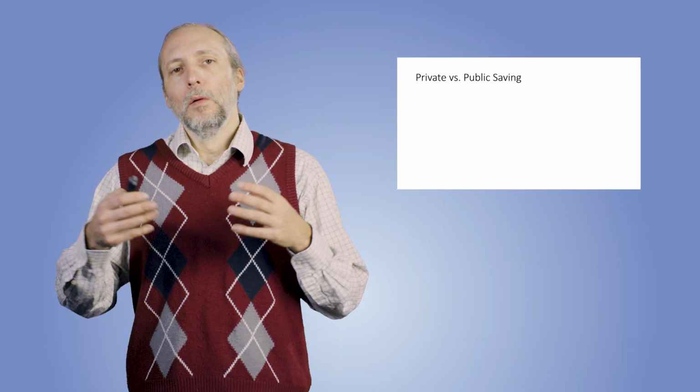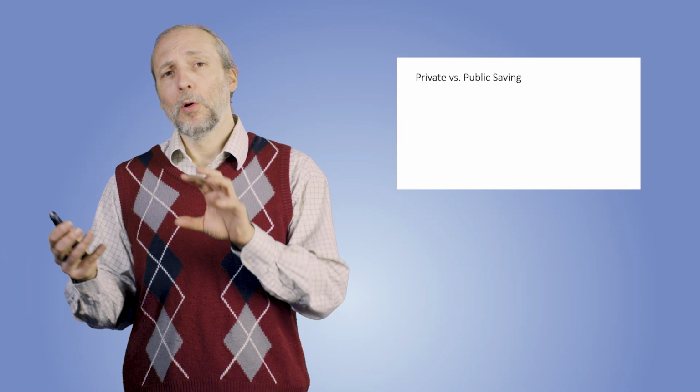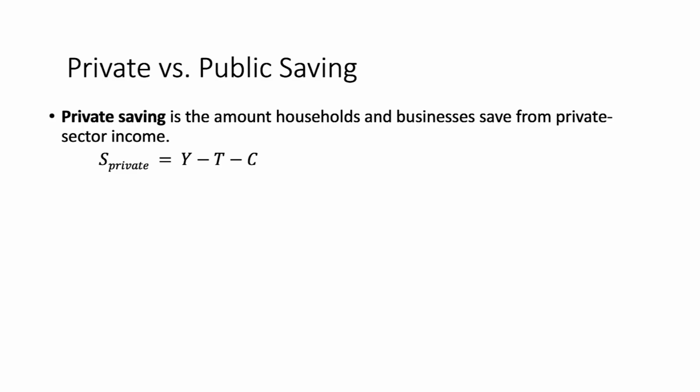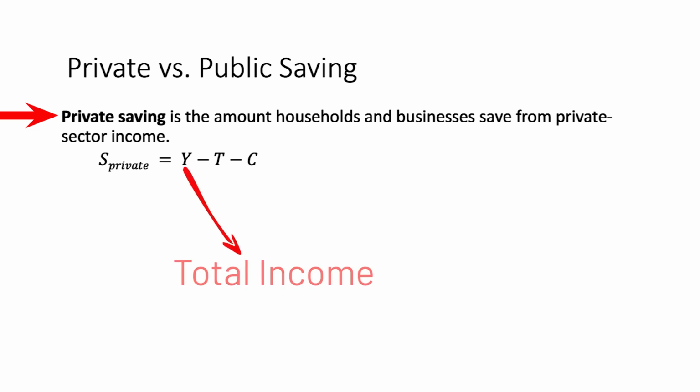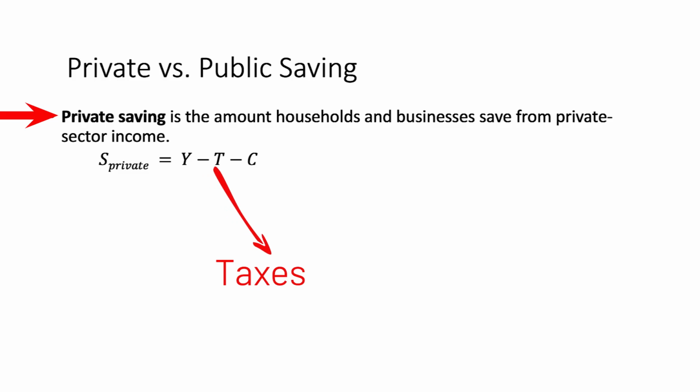Now, because we have spending broken down into private spending, C, and government spending, G, we can divide up savings into two terms. One is the saving done by households, which we call private savings. Private saving is total income Y net of taxes, because taxes are a transfer from private households to the government.